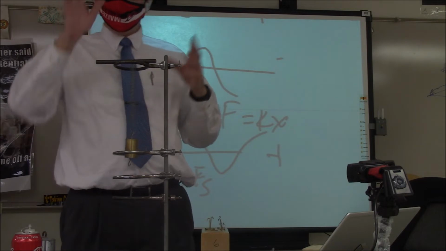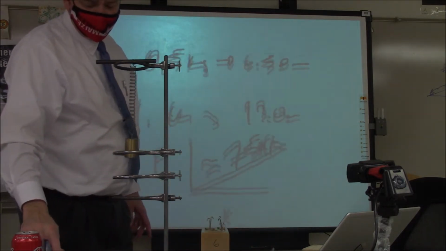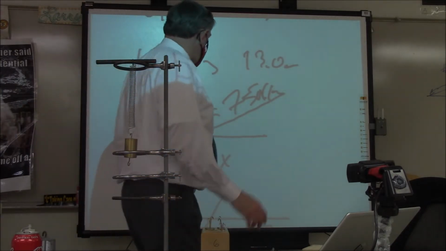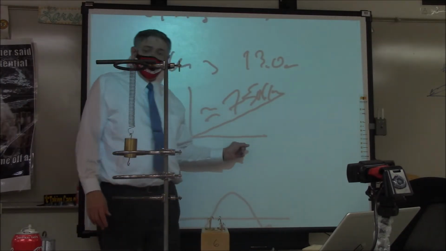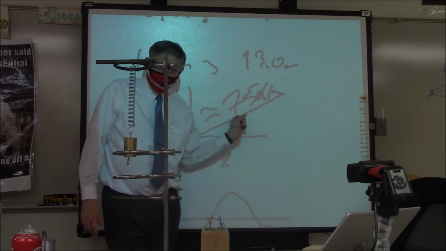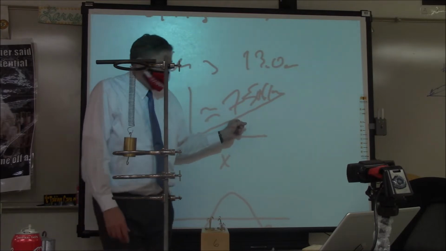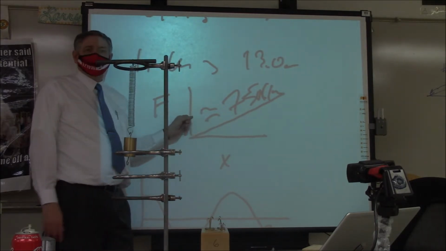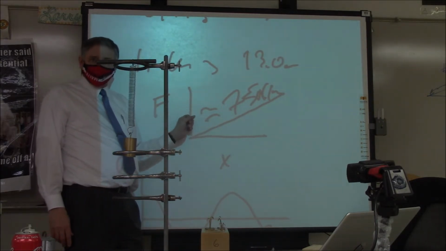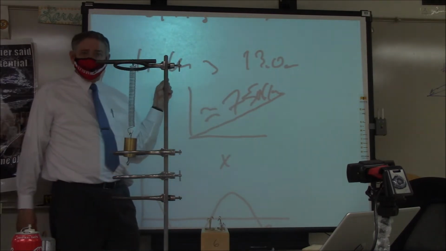If you go to your graph where this whole thing started, and you know how far this mass stretches the spring, you can come over here and figure out how much force corresponds to that. The farther it stretches, the more it weighs.